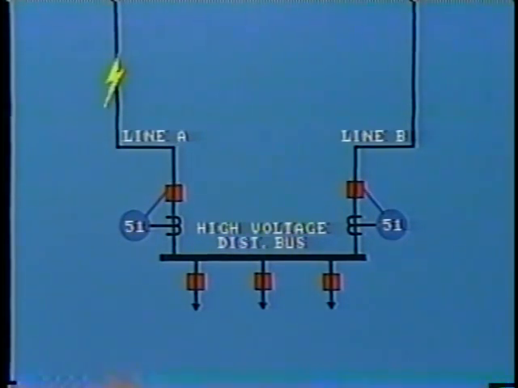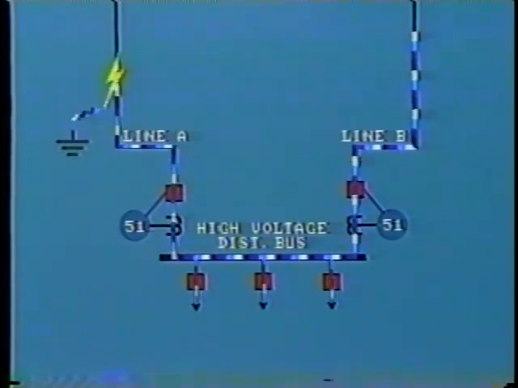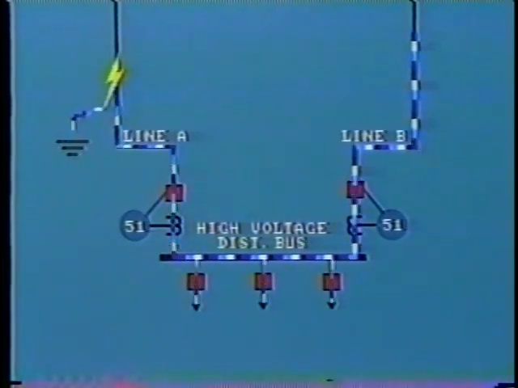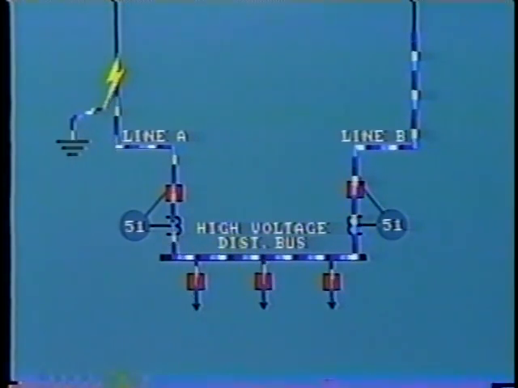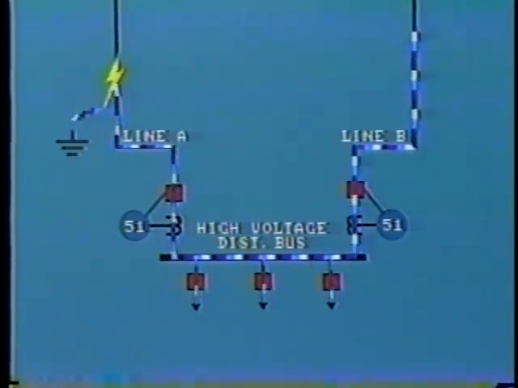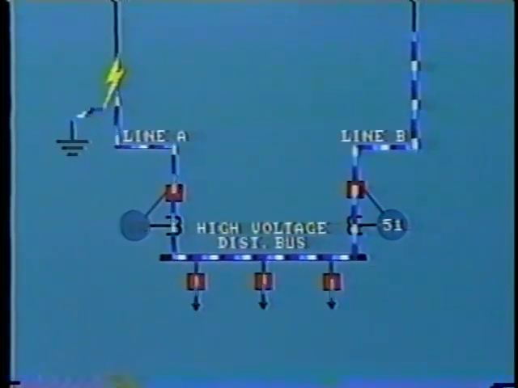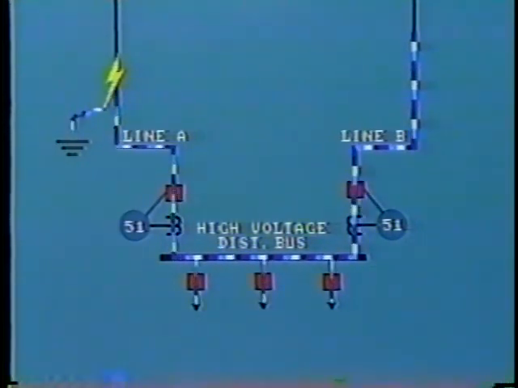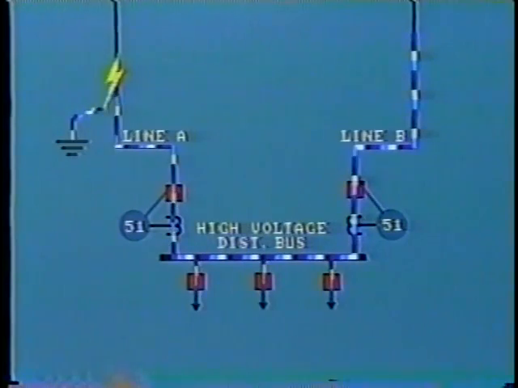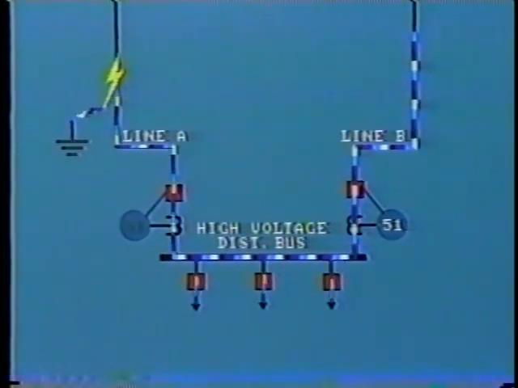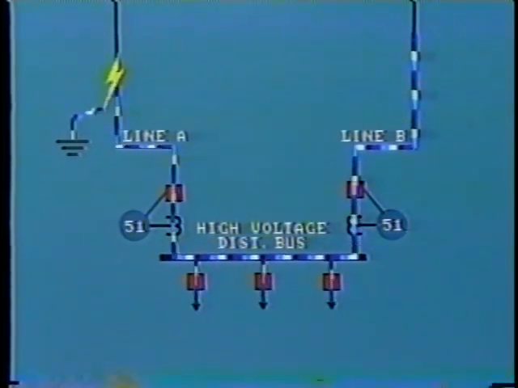Now, suppose a fault occurs on line A. Fault current will flow from line B through the bus to feed the fault on line A, in addition to the load on the bus. The overcurrent relay on line A will sense the overcurrent situation and begin to operate according to its inverse time characteristic.